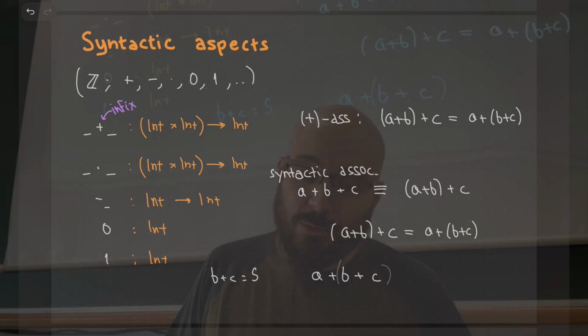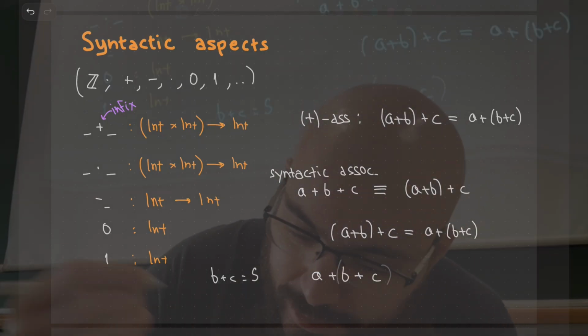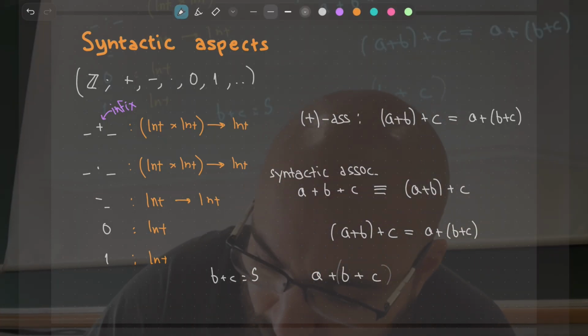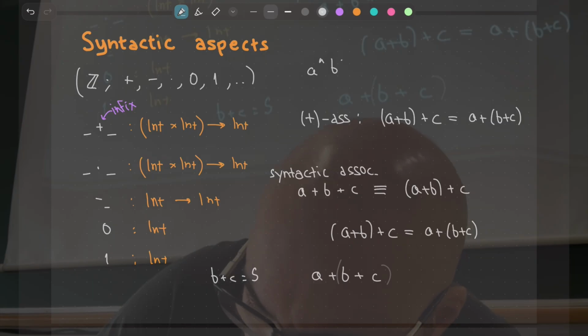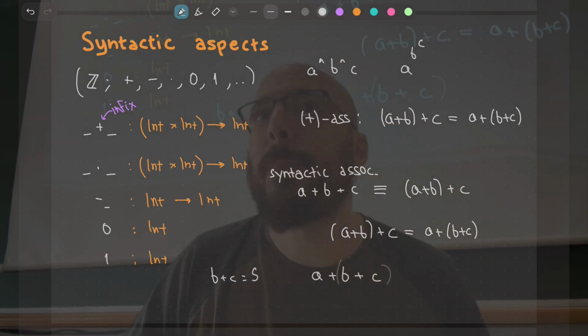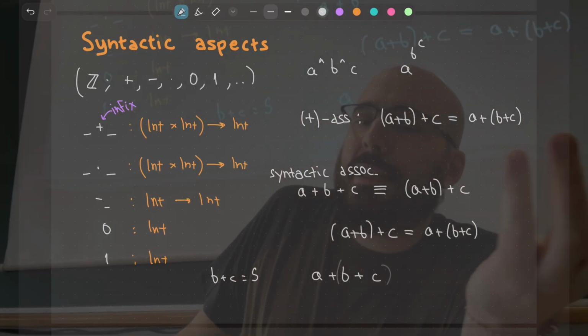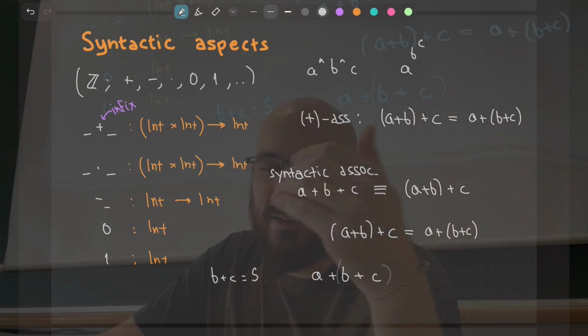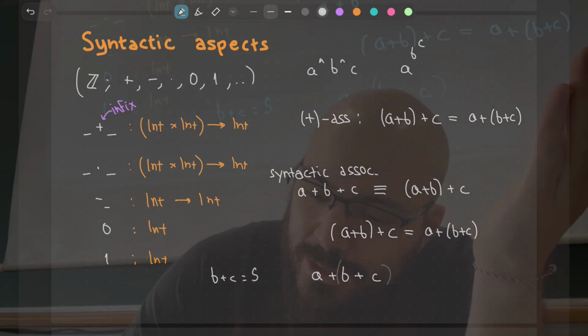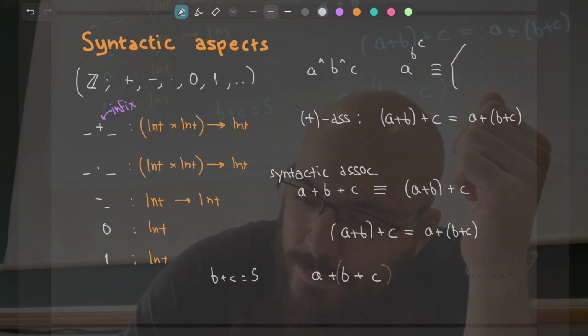We don't care. But when you reach an operation that is not associative, like exponentiation, it might make sense to pick one or the other. I don't know if you want to denote like that or like that. And now let's say, okay, for exponentiation the whole humanity knows if this means this or that.